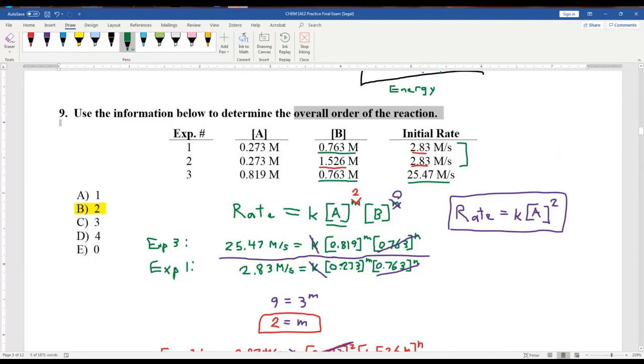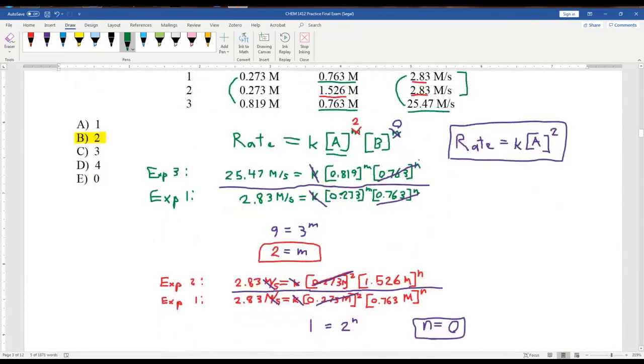If I divide these two by each other, that gives me 3. These two by each other gives me 9. Oh, okay, well, it's going to be 3 squared. So the order is going to be 2 for A. Now, if you can do that in your head, that's great. But it is useful to recognize that this is what it comes from, because it will help you to do it in your head faster. And furthermore, if you don't remember how to do it in your head, you can always do it this way.